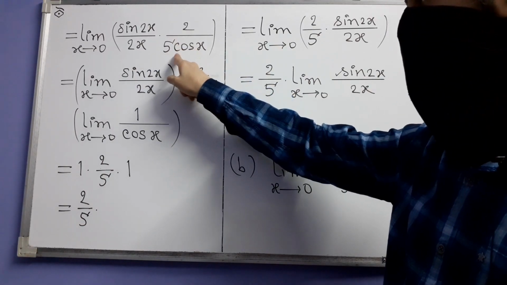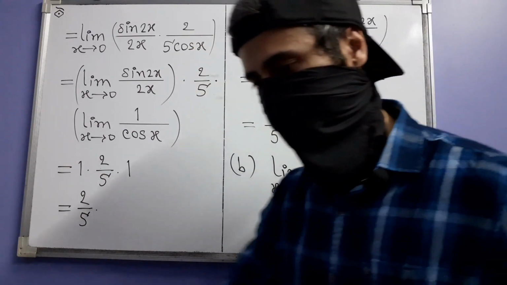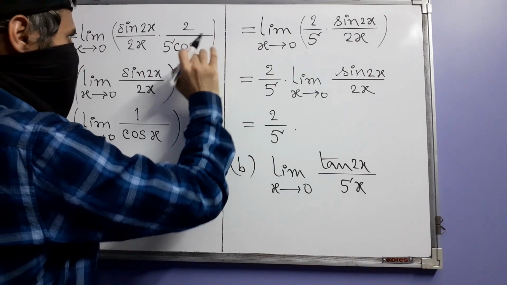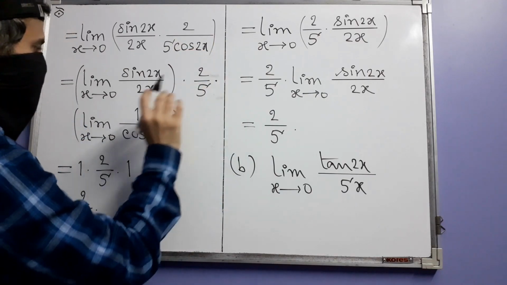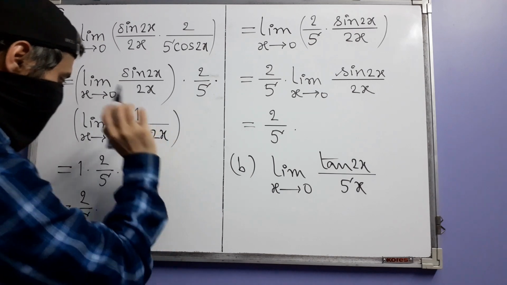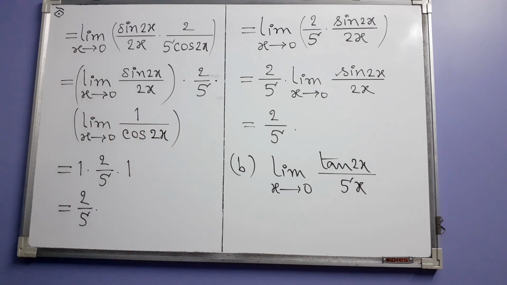And do not forget, we still have cos. I made a mistake here. It's not cos x, but it's cos 2x. Won't really affect anything, but what is wrong is wrong. Alright.